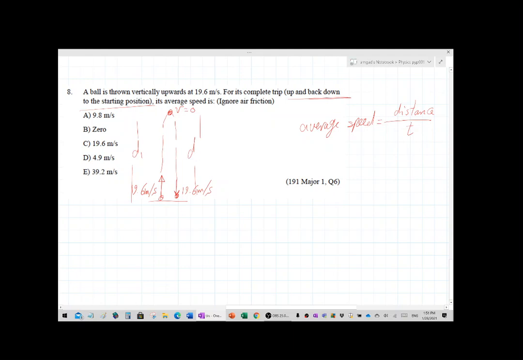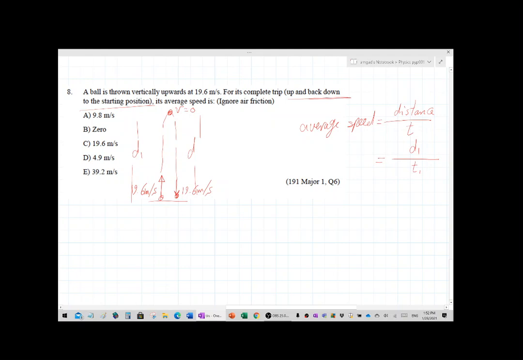So the total distance is double the distance, but also the total time is double the time, because it takes a certain time upward and the same time to go downward. So it's like you multiply the numerator by 2 and you also multiply the denominator by 2. So it doesn't matter actually. You can take only half of the trip and divide it over its time. It will give you the same answer. So I will call it d1 over t1.